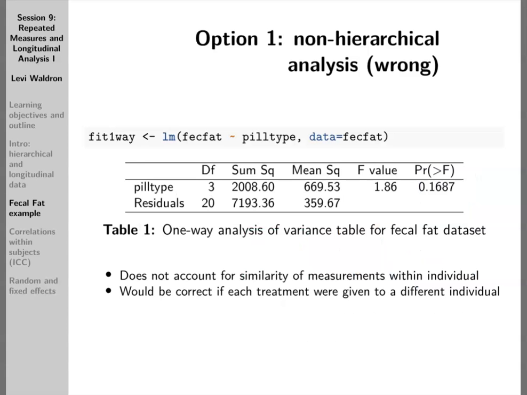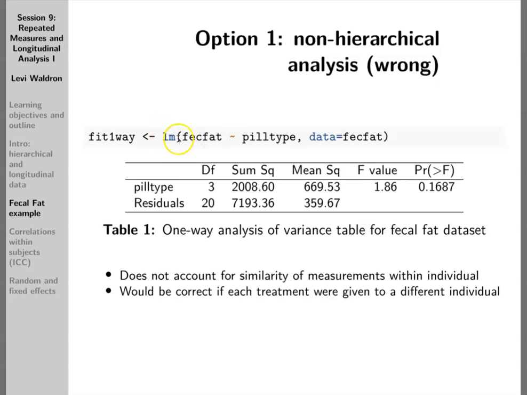So how will we analyze these data? If we were to go back to your Biostat 1 methods, or methods from this course from before hierarchical data analysis, you might do it this way. So this is just an analysis of variance.